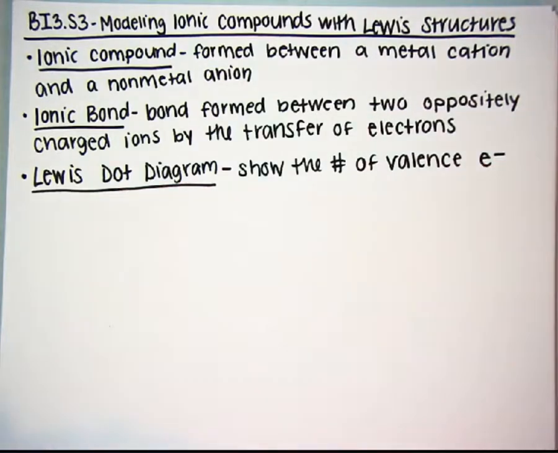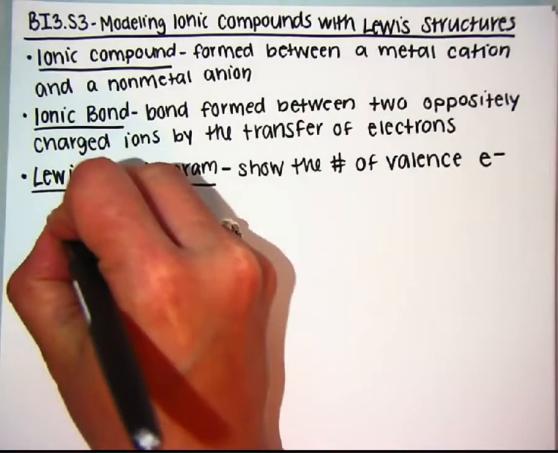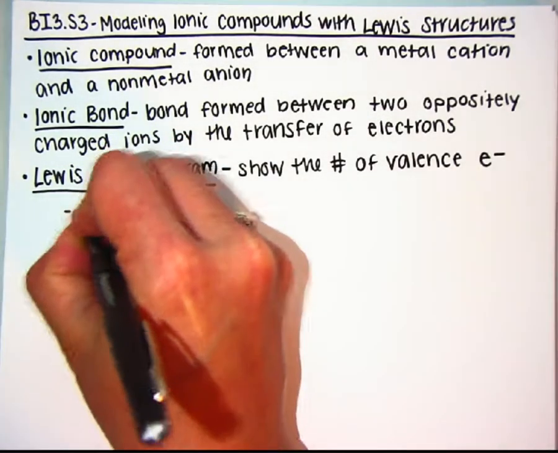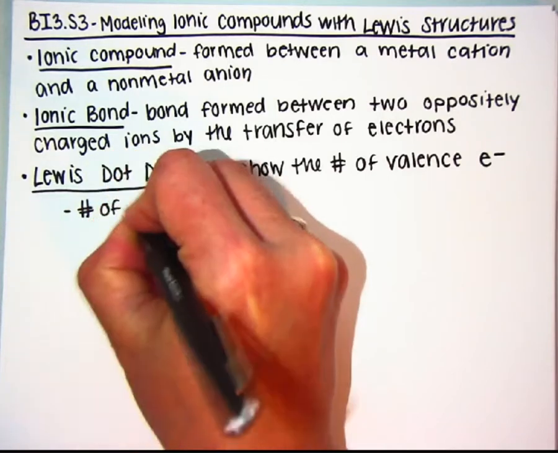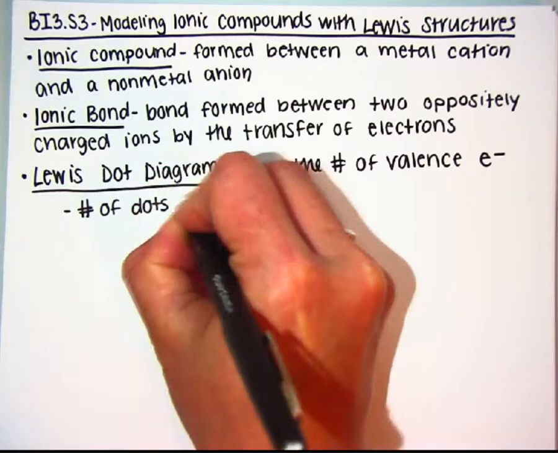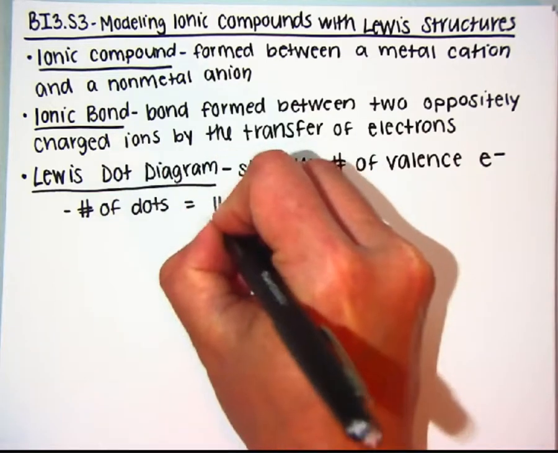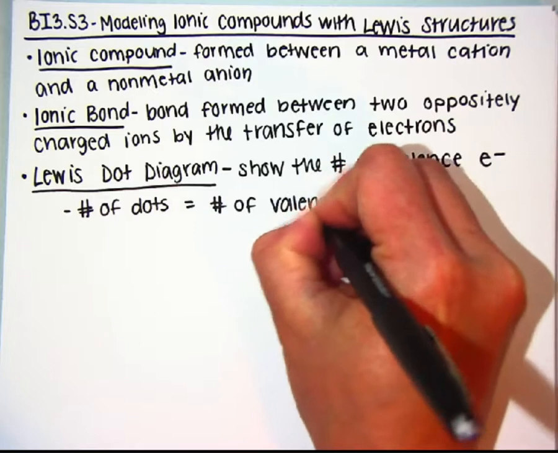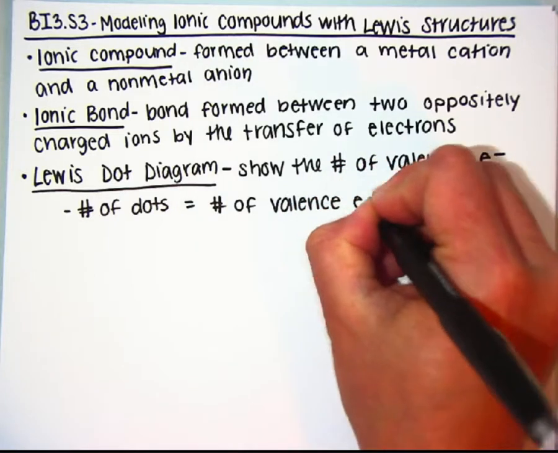So they only show the number of valence electrons. Since it is a Lewis dot diagram, we're going to use dots. The number of dots will be equal to the number of valence electrons.